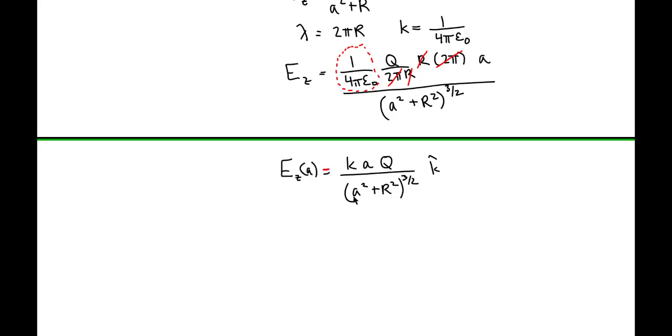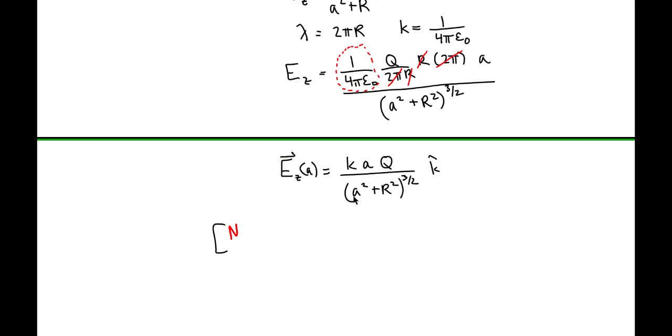So being a vector, that's in the k-hat direction. Now let's go ahead and do a unit check to make sure everything works. If the units don't check out, then I made a mistake somewhere. So the mistake could be in the unit check itself, but it would probably be most likely in my algebra somewhere. So let's do the units.